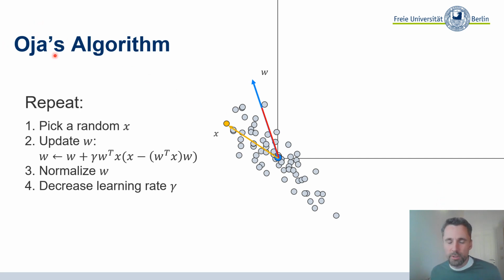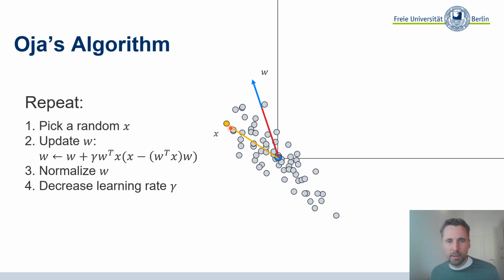That's a Finnish researcher, and it's an iterative scheme that gives us, in the end, the direction that maximizes the variance. Basically, these are 4 steps that you do in a loop until you think you're done.